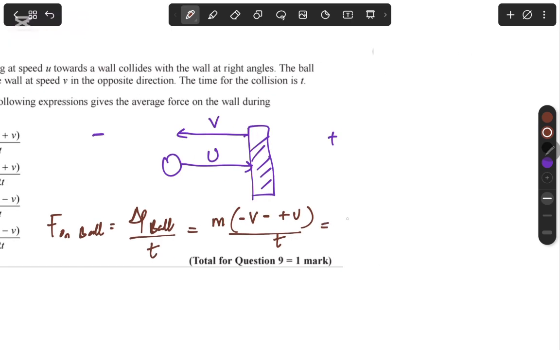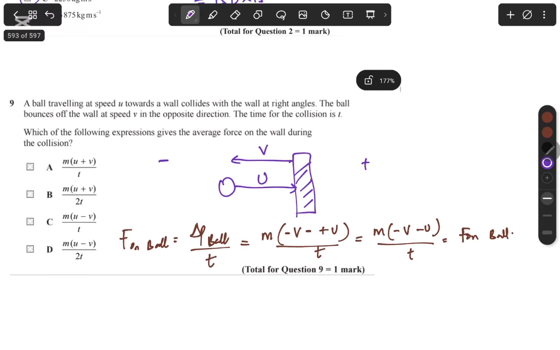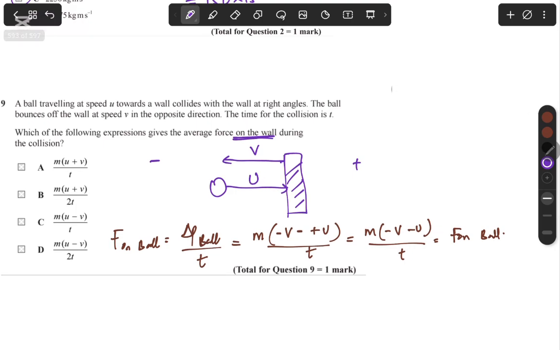And that's going to be m times (minus v minus u) divided by t is equal to force on ball. But they want the average force on the wall. They don't want the average force on the ball, they want the average force on the wall.